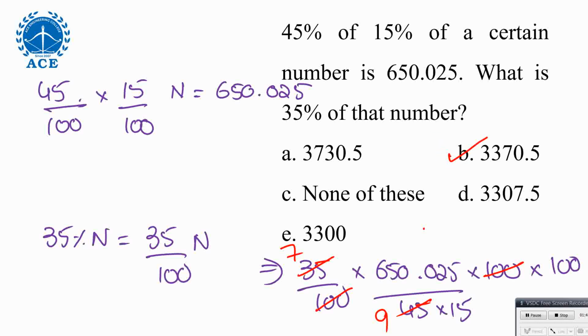Fine, but see the problem in this question: if you want to use sum of digits, we'll do the calculations, don't worry. This is the drawback of sum of digits, because if it is 3307 or 3703 or 3370, the sum of digits will be the same only. That is the problem with sum of digits, and why it is not recommended every time. Options are 3730.5, 3370.5, 3307.5; except option E, the remaining will all give the same sum of digits.